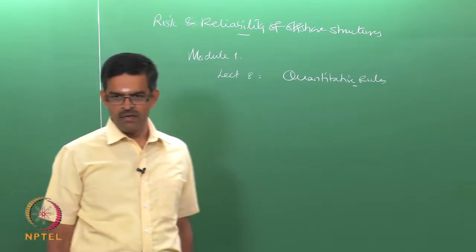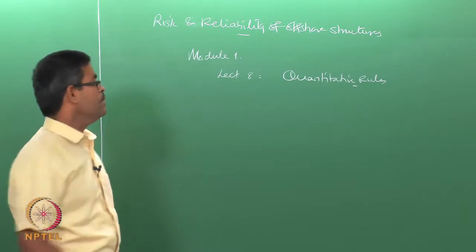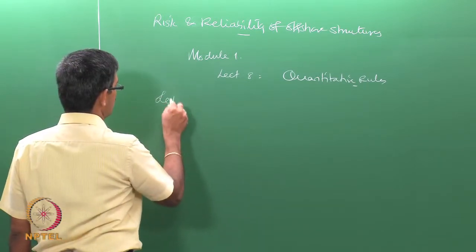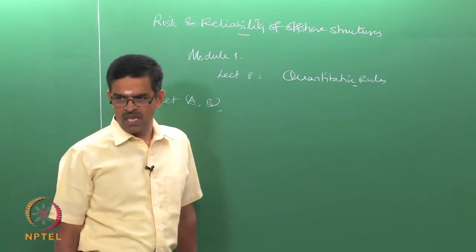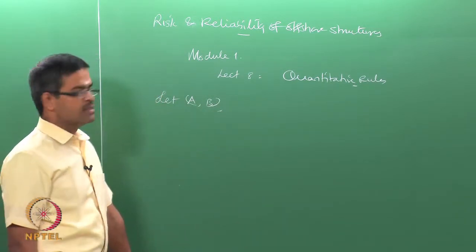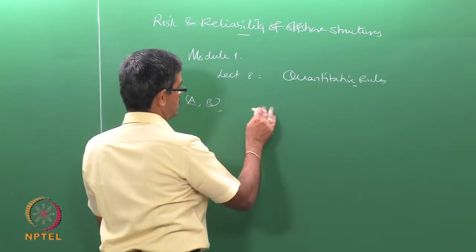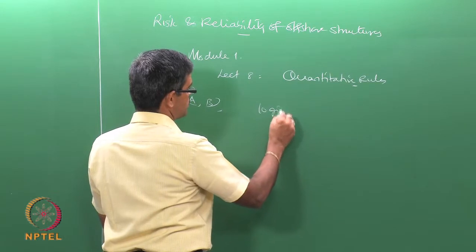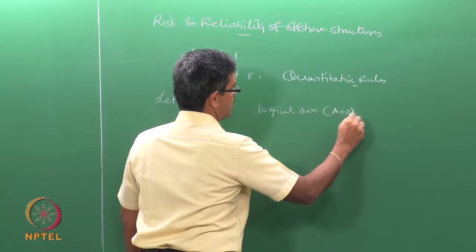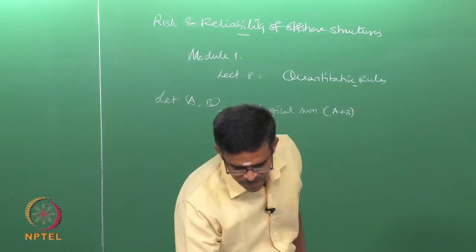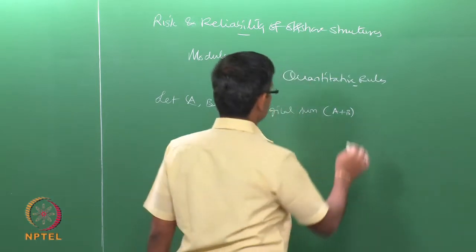We already said, for establishing a logical reasoning between two events A and B, a set of propositions can be arrived at by combining them in 4 different forms. It can be a logical sum, which is A plus B, which we call disjunction.